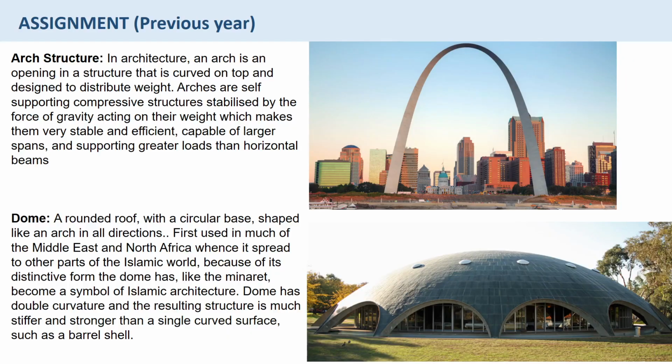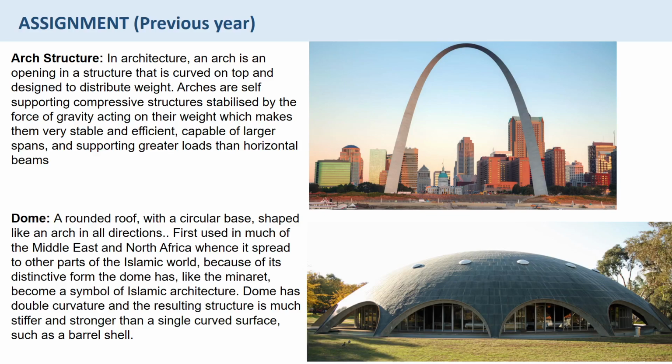So, arch structure. In architecture, an arch is an opening in a structure that is curved on top and designed to distribute weight. Arches are self-supportive, compressive structures stabilized by the force of gravity acting on their weight, which makes them very stable and efficient, capable of larger spans and supporting greater loads than horizontal beams. Then dome. A dome is a rounded roof with a circular base, shaped like an arch in all directions.